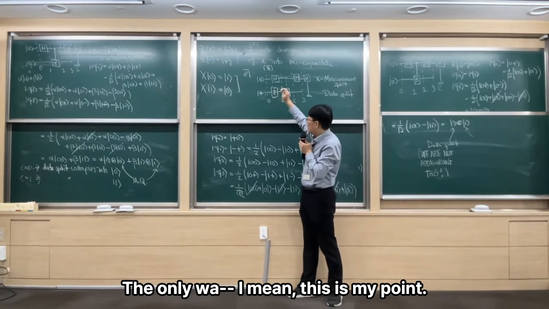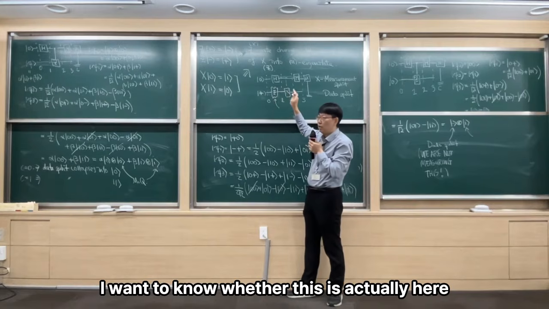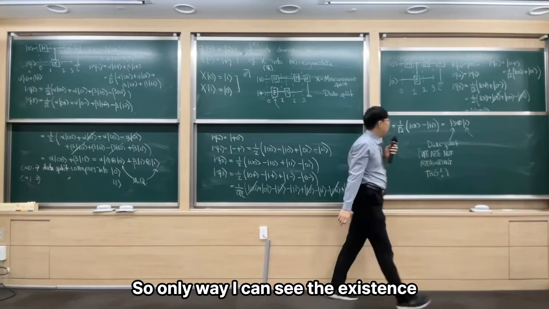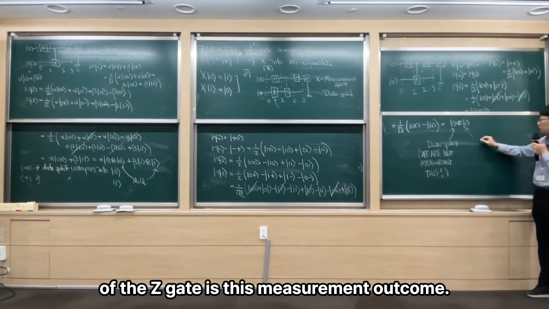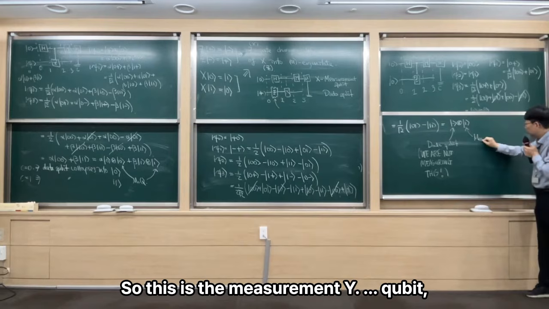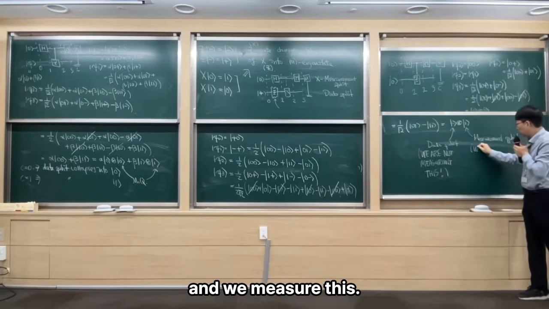So this is my point. I want to know whether this is actually here or not. So the only way I can see the existence of that Z gate is this measurement outcome. So this is the measurement qubit, and we measure this.